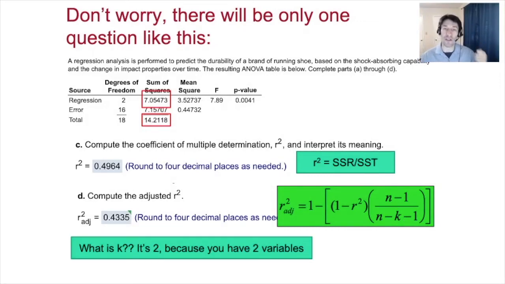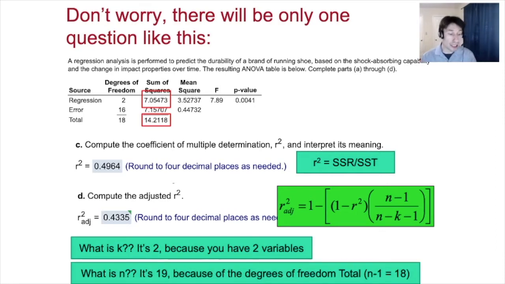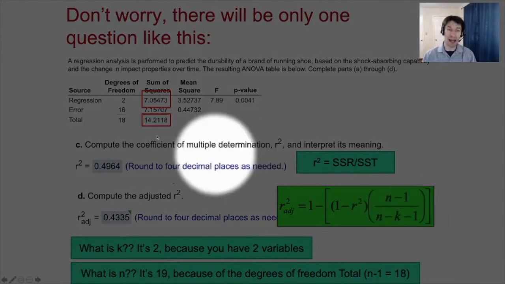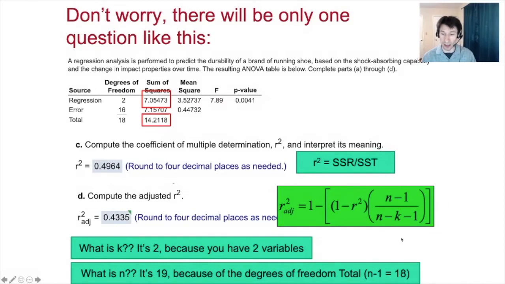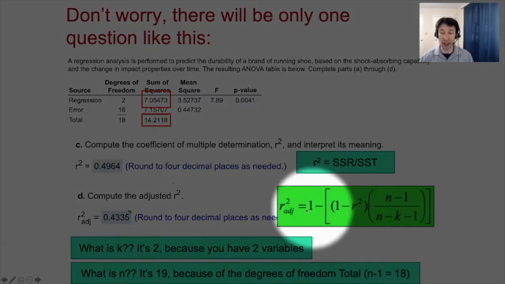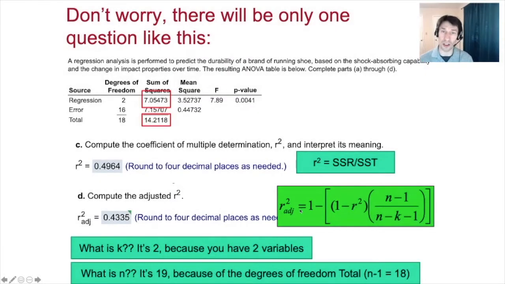It's the number of variables. So here, k is just 2 because you have 2 variables. And almost always in these questions, you're going to have 2 variables. And what is n? N is just this number plus 1. You can just read it off of here. This is the degrees of freedom, so this is n minus 1. Therefore, your n is 19. And so you can just plug in these values and you will get your adjusted R-squared. It's not difficult.